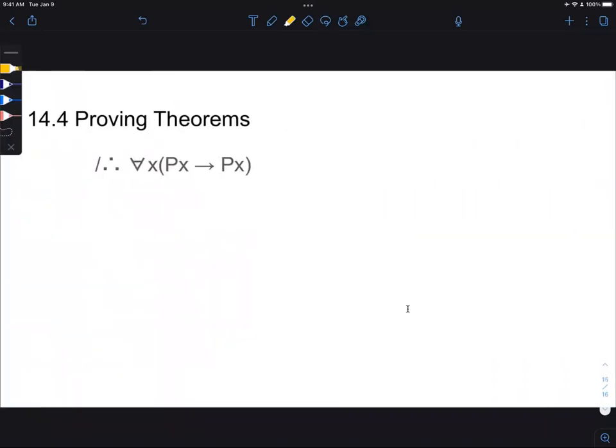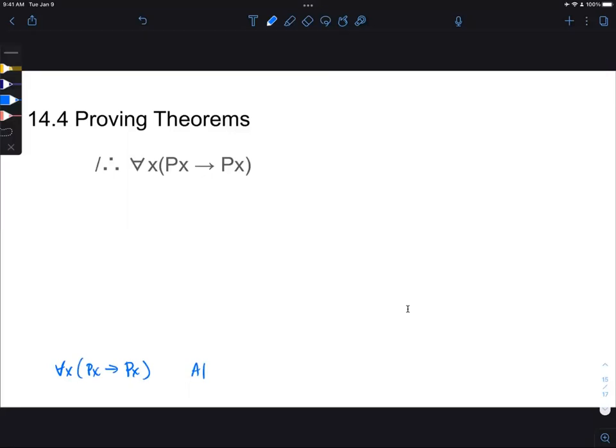Here's one that's a little easier. See if you can do this one on your own, and then we'll do it together. All right, how do we get started? Well, the main quantifier is universal, and so I'm thinking to myself, I'm probably at the last step going to use AI.